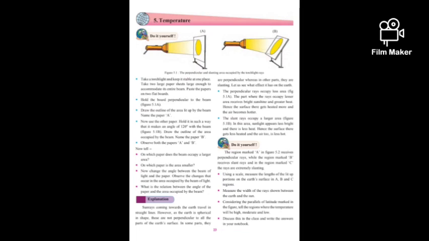In the same way, we shall learn about the temperature on the surface of the earth, how the surface of the earth gets heated, the land gets heated, as well as the water in the ocean, lakes, and reservoirs. All this we shall learn in this lesson, temperature.